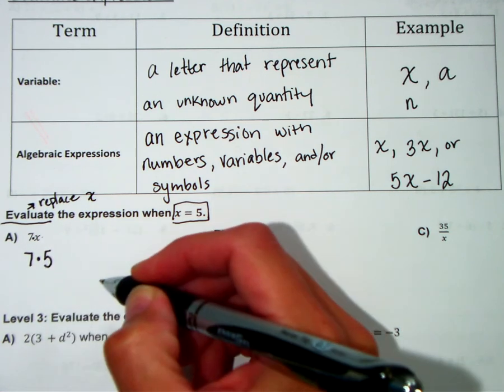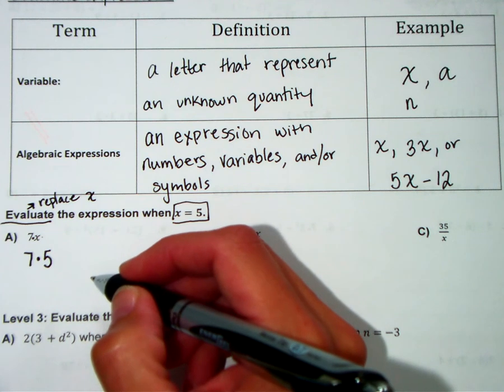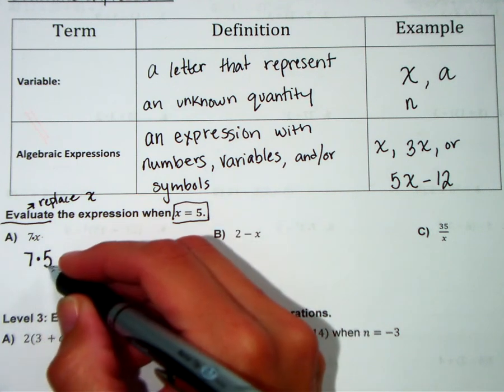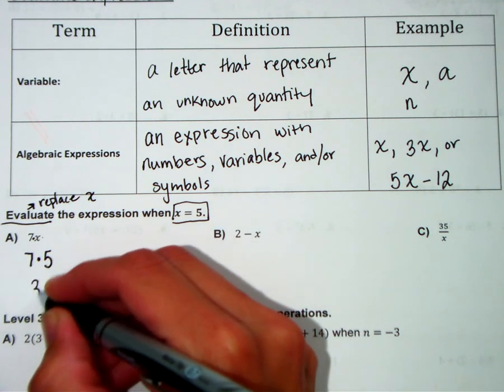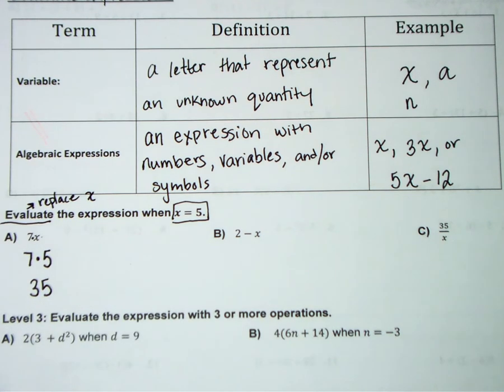Okay? And then we're right back to the order of operations that we were at in level 2, and we just finished the problem using order of operations. So this one only has one operation, so 35. We haven't quite gotten to level 3 yet because that particular order of operation problem didn't have enough with it yet, so we're just practicing the evaluate part.